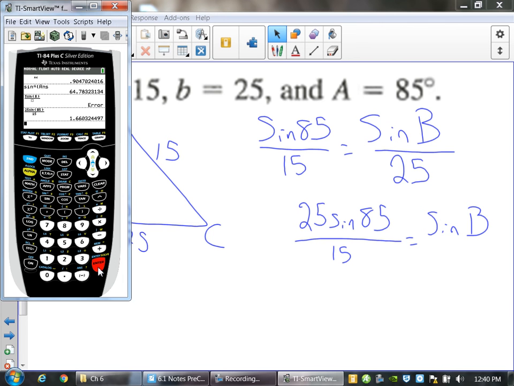Remember, sometimes when you're dealing with that side-side-angle ambiguous case, if your first angle is acute and you've got the other two sides, you could have one triangle, two triangles, or no triangles. When you try to take the inverse sine of a value larger than 1, that means the triangle does not exist, because you can't have a sine value larger than 1, because of the way the unit circle works.